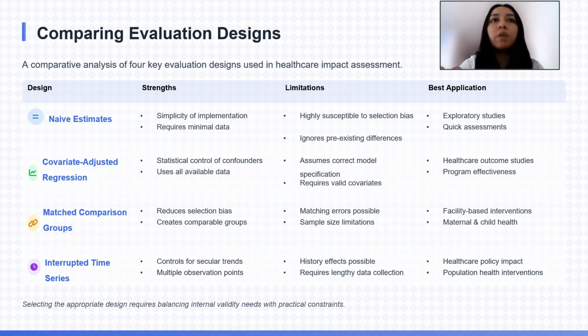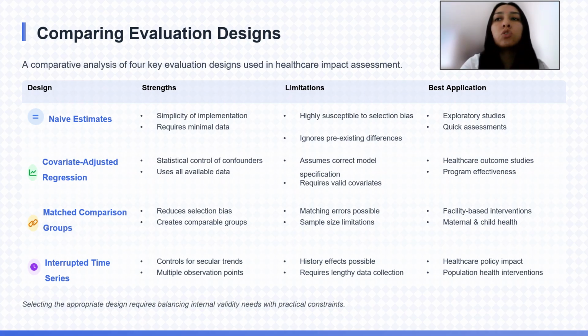So here we have a comparative analysis of four key evaluation designs used in healthcare impact assessment. Let's compare them quickly. The naive estimate: simple but biased. The covariate regression group design: it is more statistically rigorous and controls for confounders.